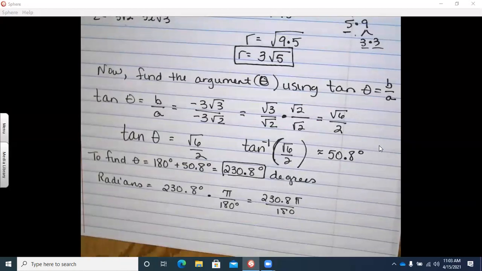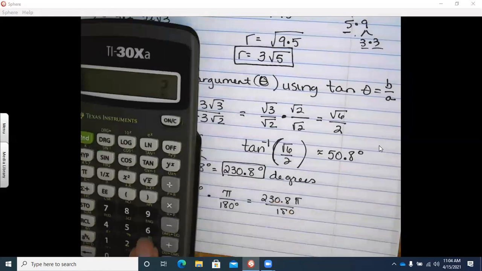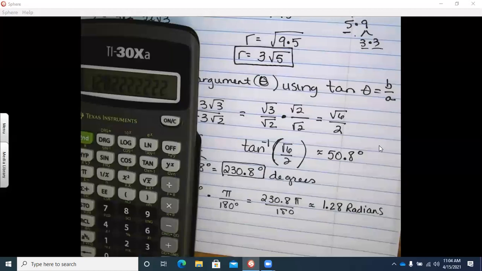So I wouldn't leave my answer like this with that decimal in it. I would just turn this into a decimal. So 230.8 divided by 180, and I get approximately 1.28 pi radians.